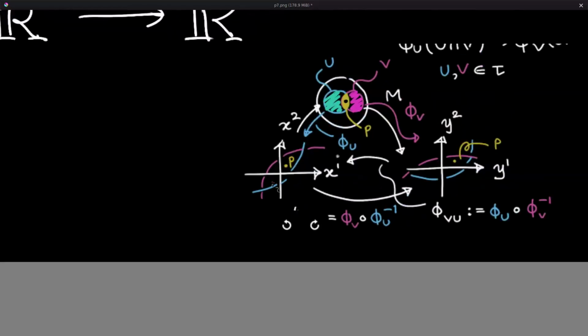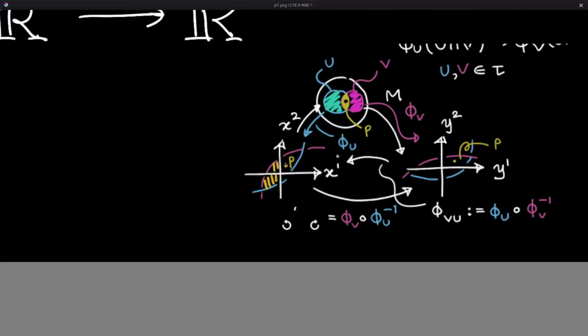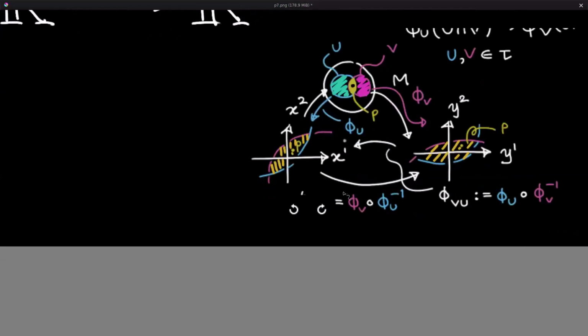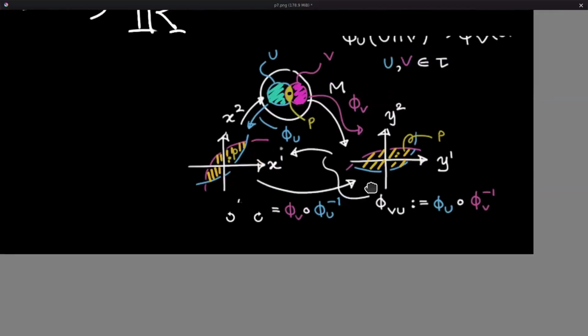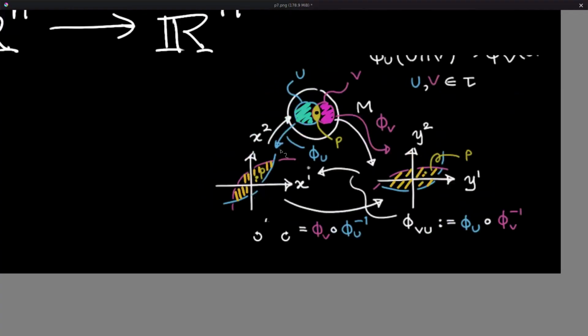In this chart, that section kind of looks like this, and in this chart, it kind of looks like that. So what the chart transition map does is that it allows us to short circuit going through the manifold by going from one copy of Rn to the other copy of Rn in one go.